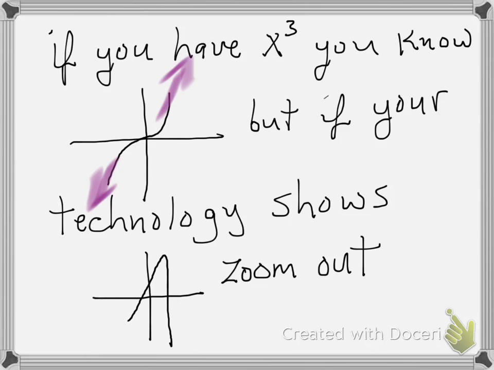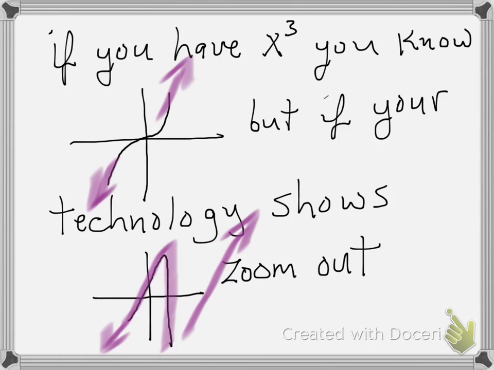But we could actually enter it in, and your technology, the whole screen, shows you something that does this. Okay, we know that that's not the end behavior that we need. This side might be okay, but we need something going this way.